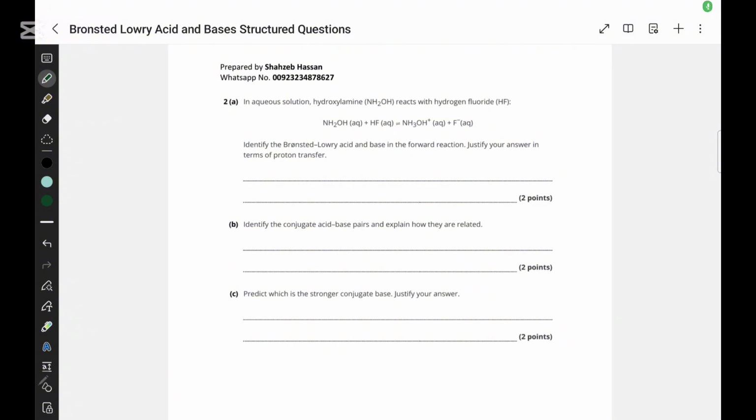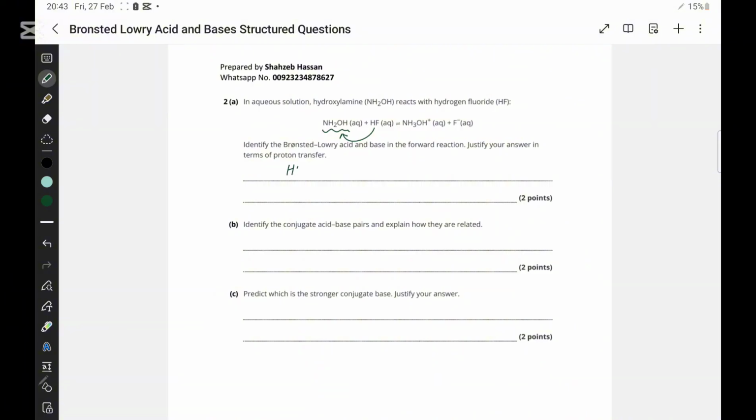An aqueous solution of hydroxylamine reacts with hydrogen fluoride. So this is hydroxylamine, and it is reacting with hydrogen fluoride. Identify the Bronsted Lowry acid and base. The acid is going to be HF, because HF is going to give a proton to NH2OH.